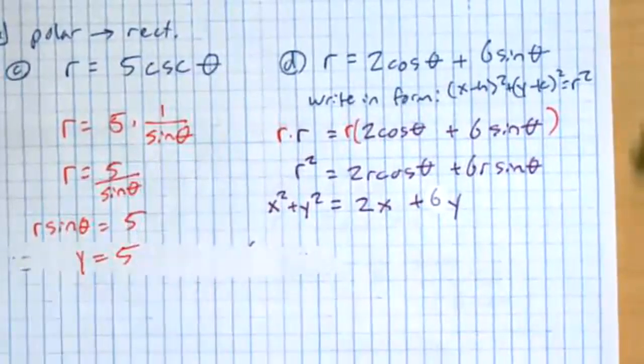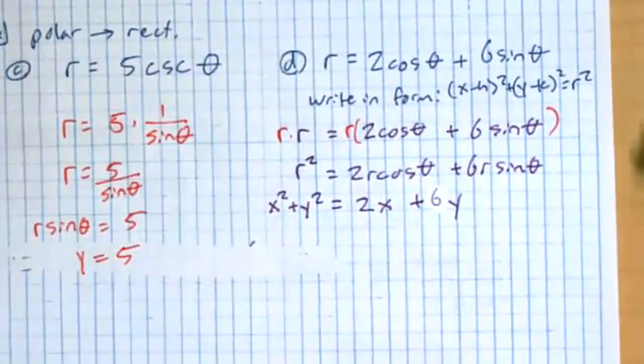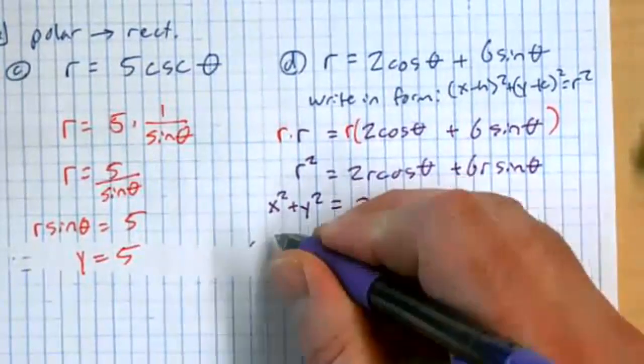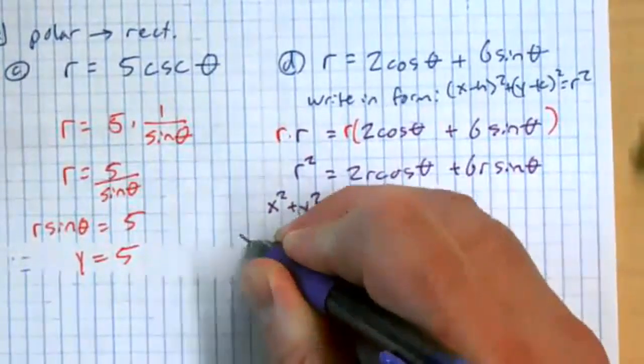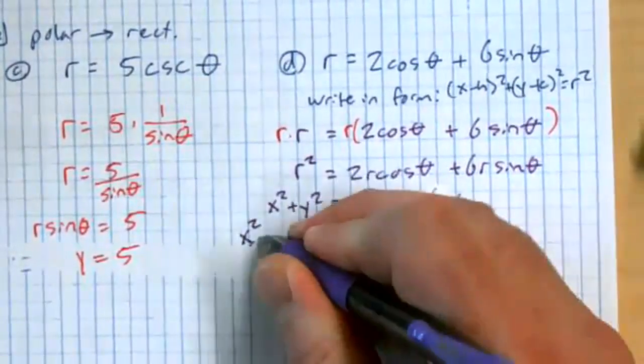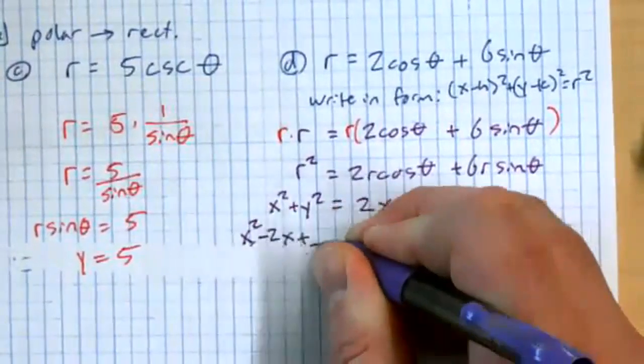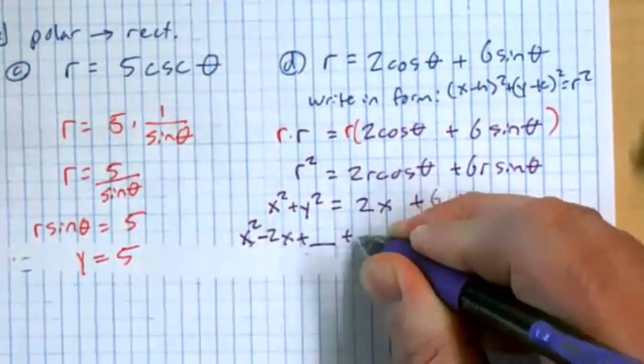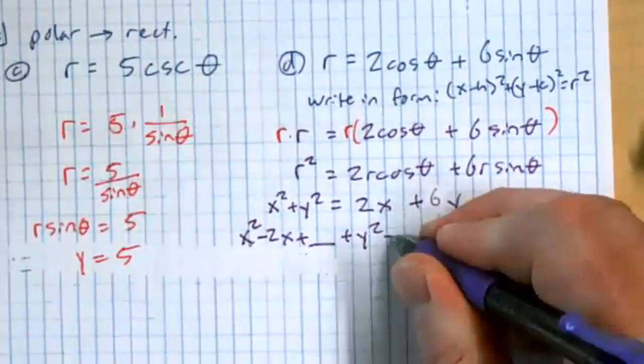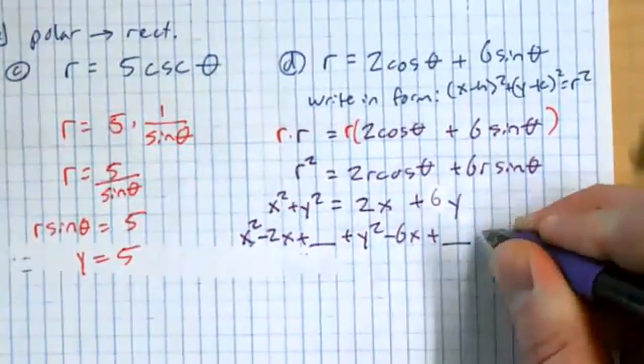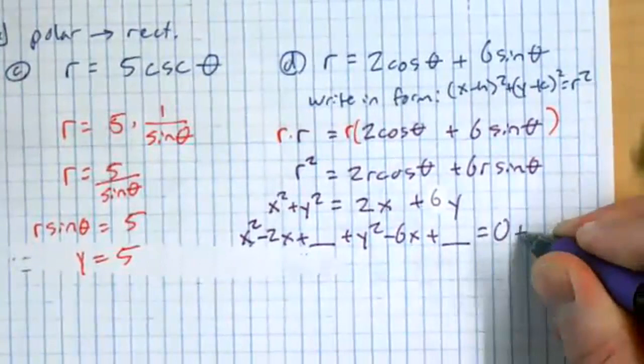Okay. So let me give you the next step, and then from there, I'm hoping you can tell me where to go. So here's what my next step looks like. x squared minus 2x plus blank plus y squared minus 6y plus blank equals 0 plus blank plus blank.